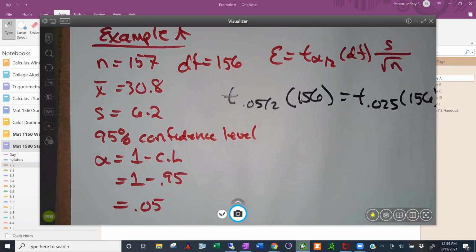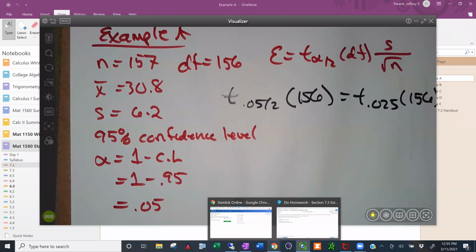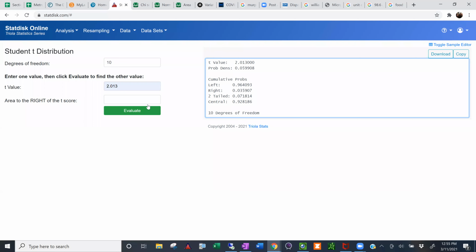Let's look that up, figure out what that is. So we'll go back to Statdisk for that. Change our degrees of freedom to 156. I'll get rid of this because what I want to put in is an area in the right tail.